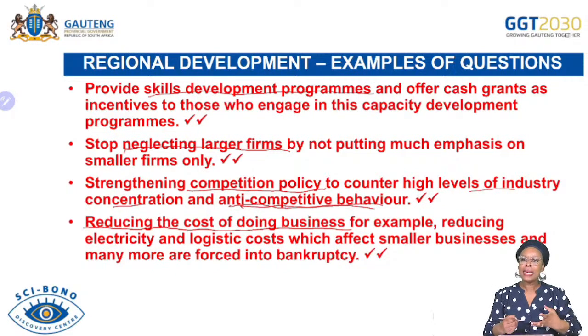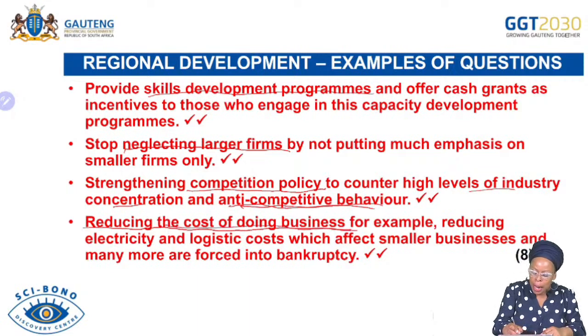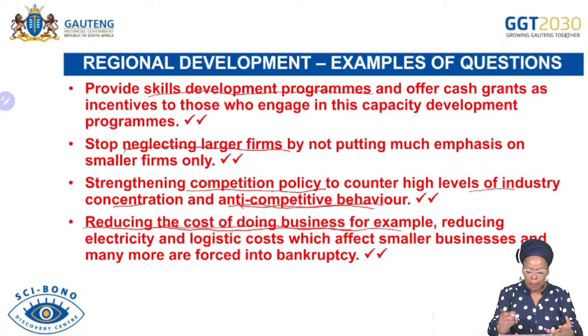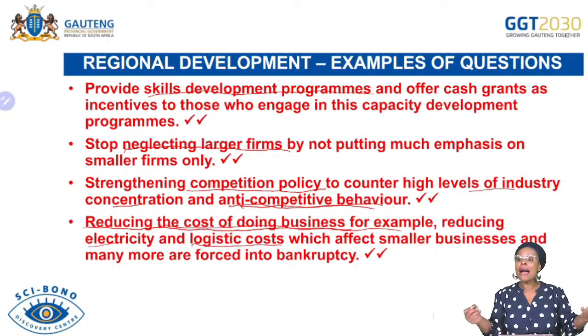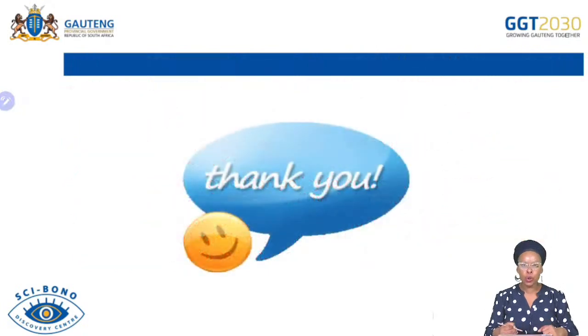So government can also assist in reducing the cost of doing business, for example, by reducing electricity cost and logistics cost, which affect smaller businesses, and many of them are forced into bankruptcy because of these costs. So these are the things that you can advise the government to do.